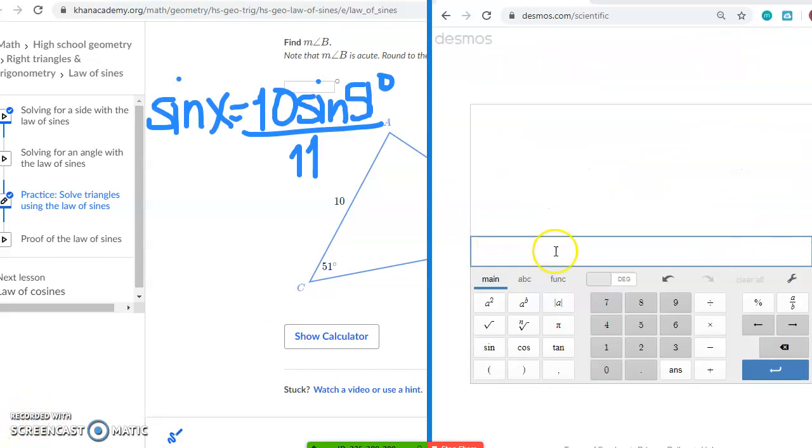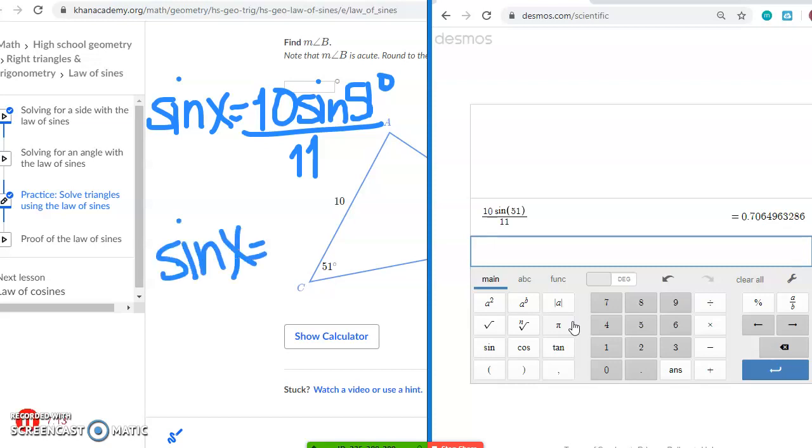So this is just something, again, we can put in our calculator. 10 times the sine of 51 degrees over 11 is, oops, I'm still set on eraser, sine of x equals 0.70649.